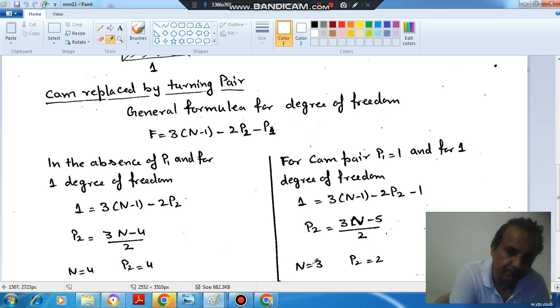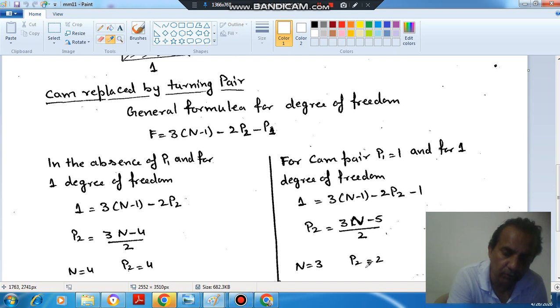So if we add one link here, make it 4, and add two lower pairs here, then these are the same. So in the cam and follower mechanism, there are three links, two lower pairs, and one higher pair.